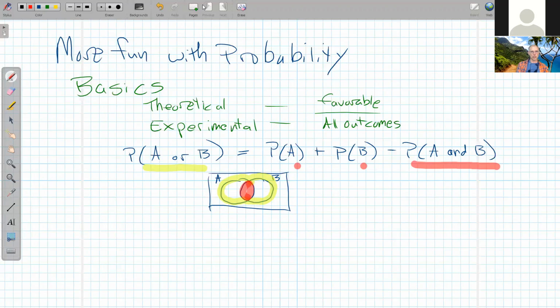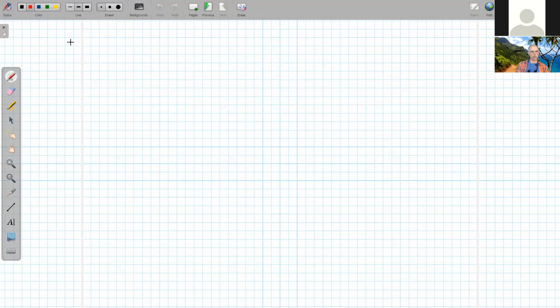And then we moved on to multi-stage probabilities. And that's where we look at more than one thing happening in sequence or together. And then tree diagrams became important, or tables.